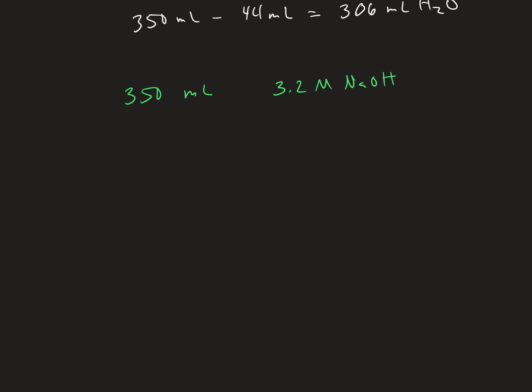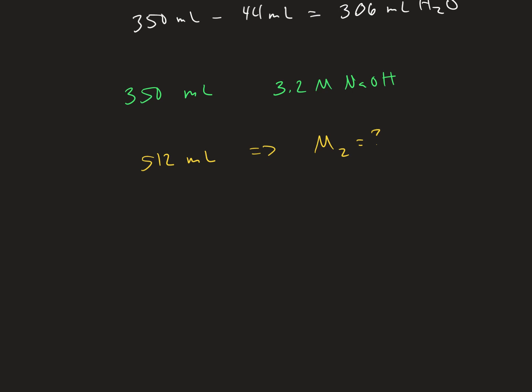Let's just say we want to dilute it to 512 milliliters, and we want to know what our new concentration is. Sorry, I tried to make a real problem and I couldn't grasp it in my head. We good?